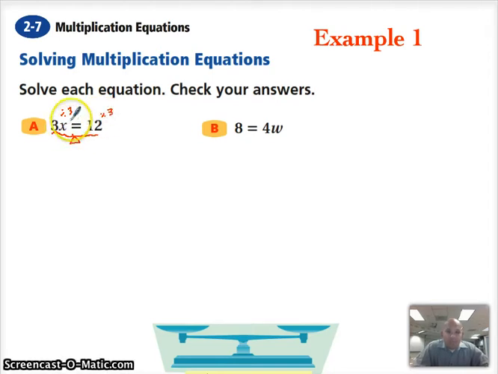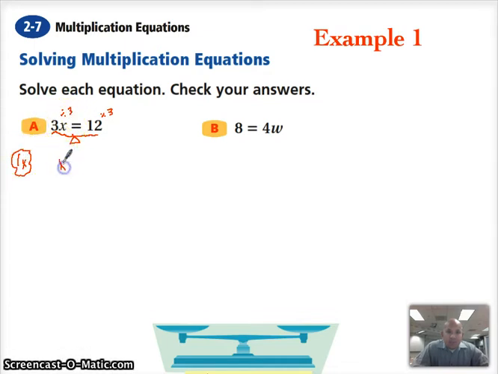When we divide by 3, 3 divided by 3 on this side means it's equal to 1. 1 times x is just a plain 1. That's my thought bubble. That's my mental math right here. 1 times x. 3 divided by 3 is 1, and 1 times the x over here is just a plain x.